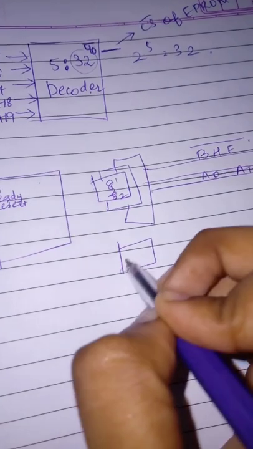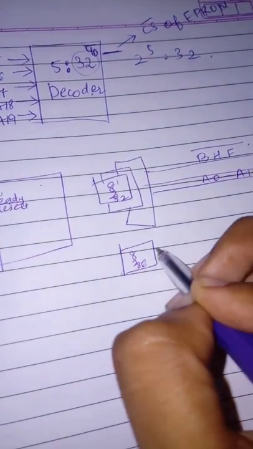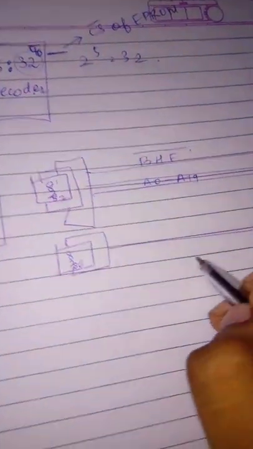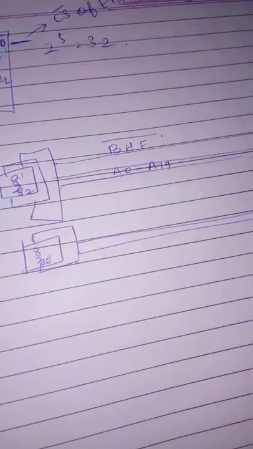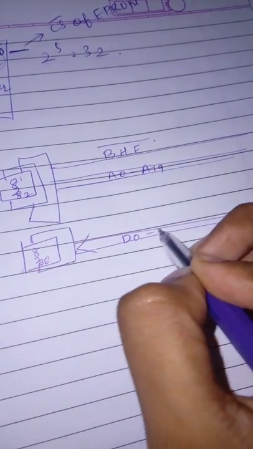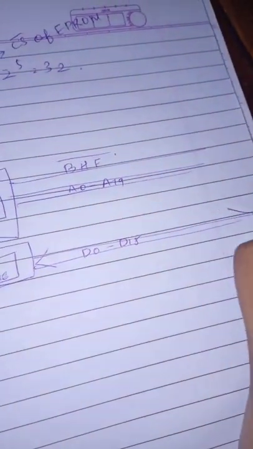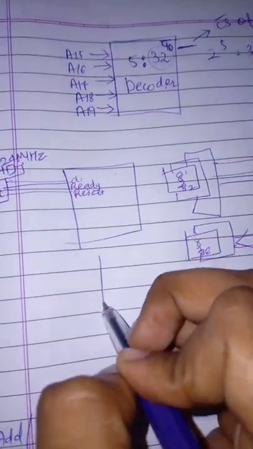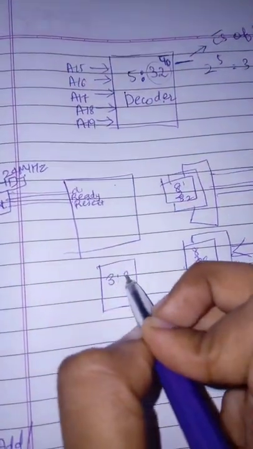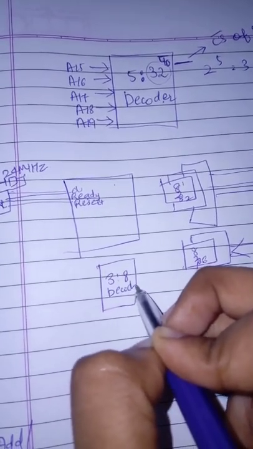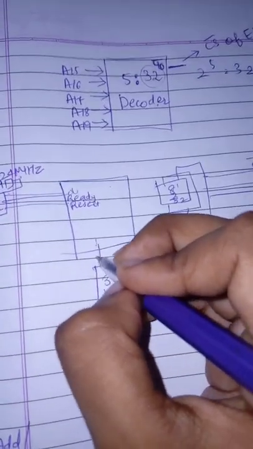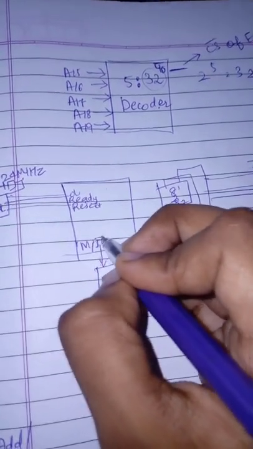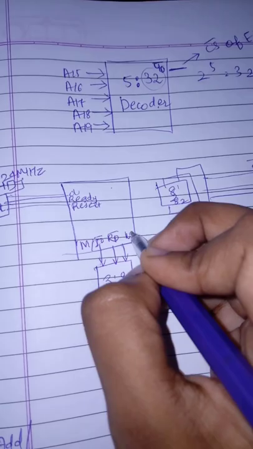Then we will have two 8286 transceivers, and they will give us D0 to D15, the bidirectional data bus. And we will have a 3:8 decoder with 3 inputs: M/IO bar, read bar and write bar.